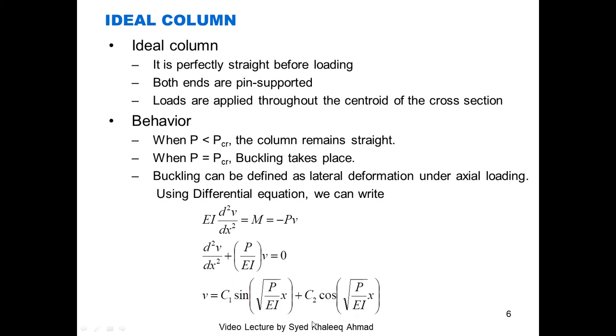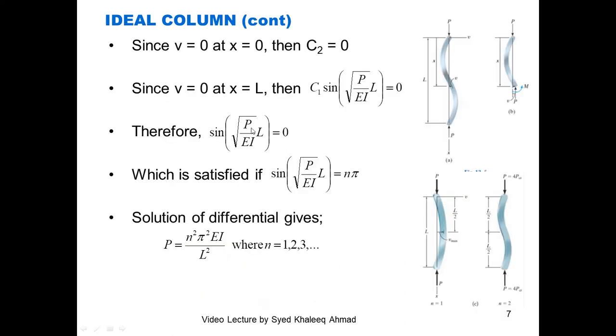And finally, with different mode shapes, we will get different situations, but when n is equal to 1, this value will be taken as the value which is critical load for the column. So the solution is P = n² π² EI / L². When n is equal to 1, we will take this load for this case. In case there are other possibilities of mode shapes for different values of n.